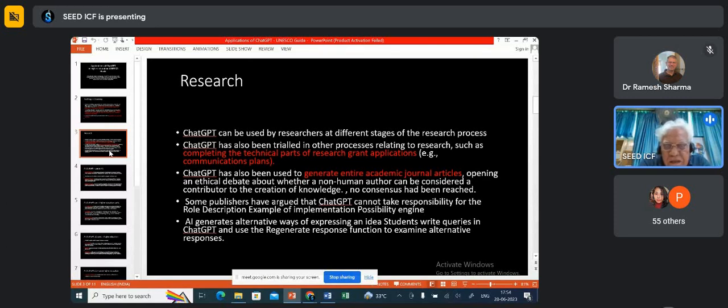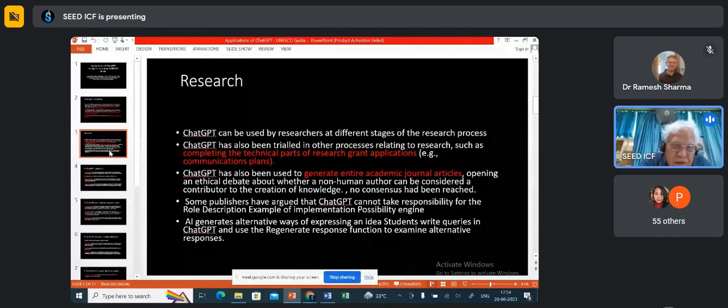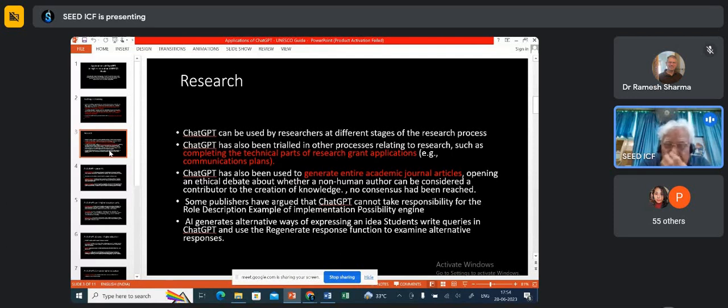This has opened the ethical debate on whether a non-human author can be considered a contributor. This debate is going on in the world, and here also in India. Suppose an article is generated by ChatGPT on a topic like environment, collecting data from several international and national sources, and you prepare an article on climate change and climate preservation, and send it for publication in a journal.